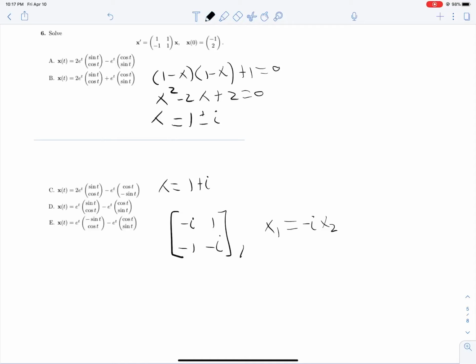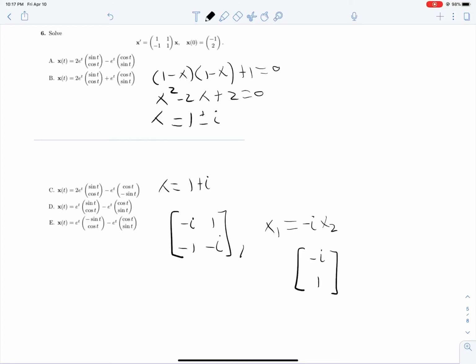And so we can express this as negative i, 1, where really this is a vector of x2, where x1 is equal to negative i x2, and x2 is equal to 1 of itself.